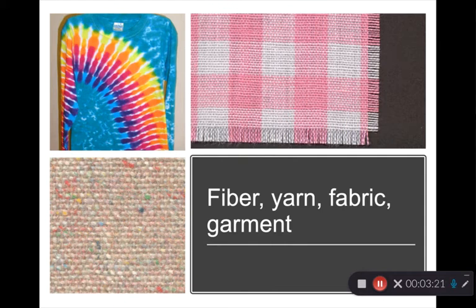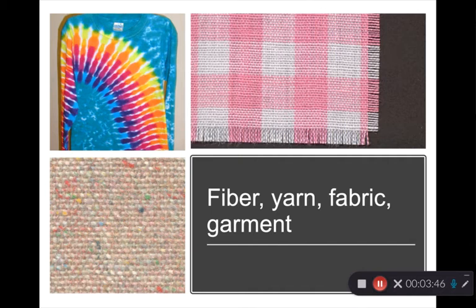The latest dye decision you can make is at the garment stage. So you can dye a garment or a product when it's fully sewn together. You may have had an experience with this by doing a tie-dye, a very cheap kind of process that you put on the final product.